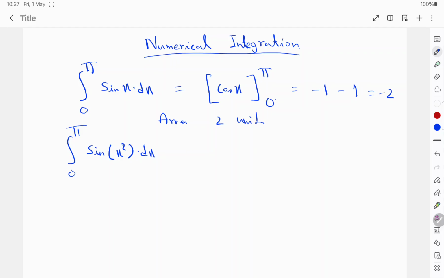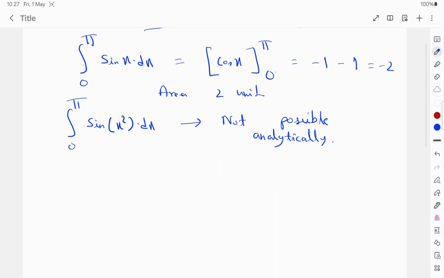We cannot find the exact value, but we can find an approximate solution. This is not possible analytically. So there are several methods.